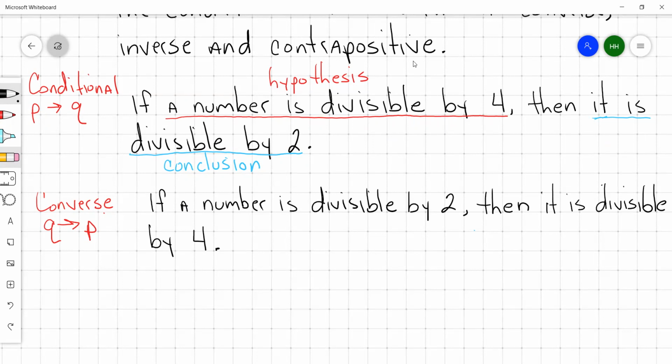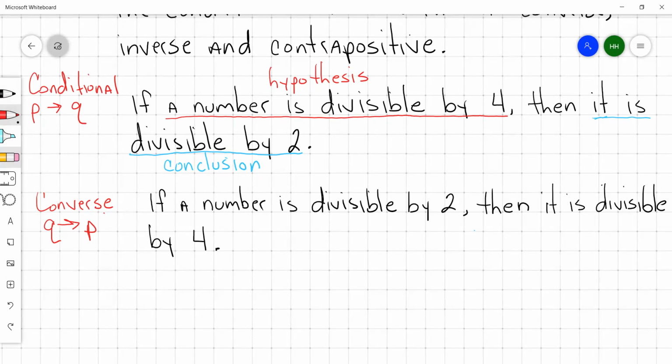We're not going to worry about the truth value right now. We're just going to concern ourselves with the hypothesis and conclusion of the original statement, and then writing the converse, the inverse, and the contrapositive. But you're correct, that is not true.